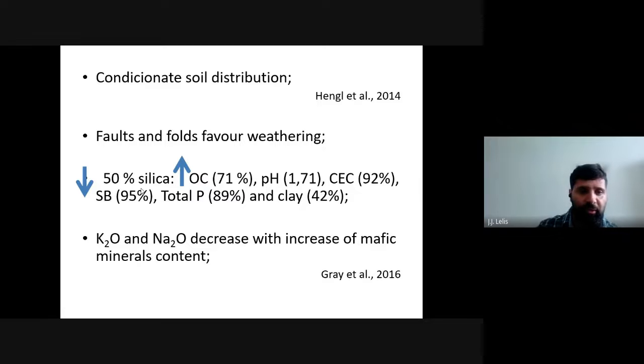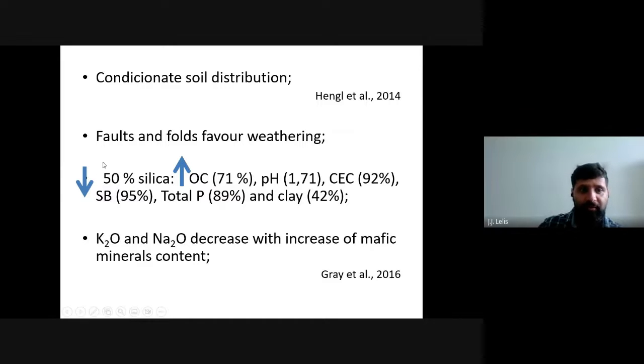So if you decrease the content of silica, the silicon, in the parent material, you increase the content of organic carbon, the pH, the cationic exchange capacity, the content of bases, the content of phosphate, and the content of clay.